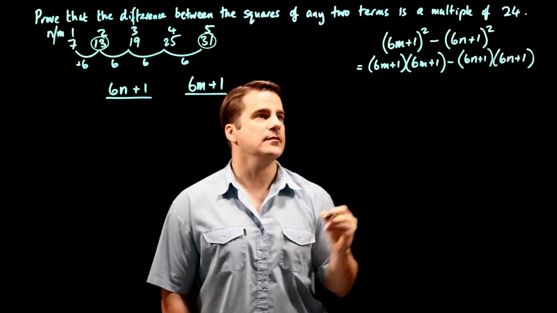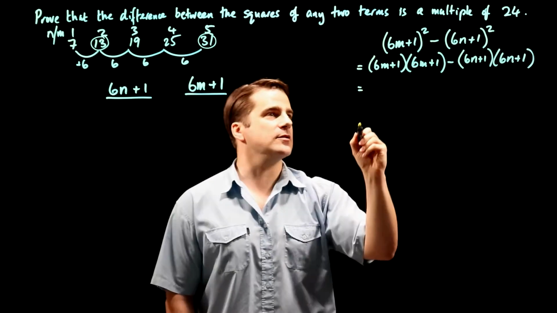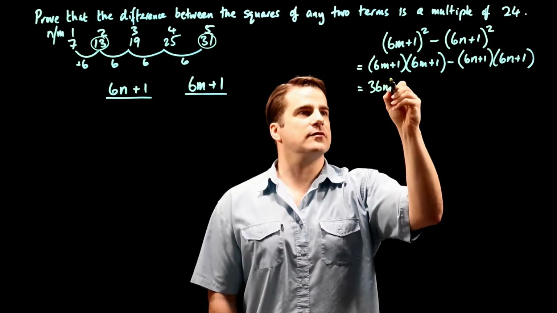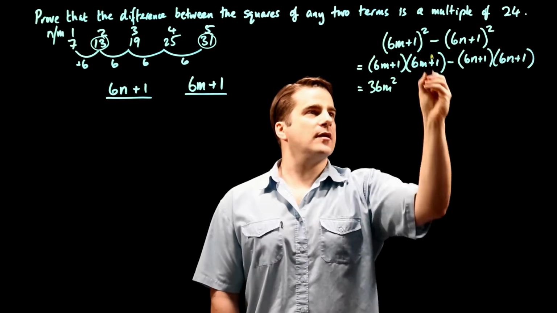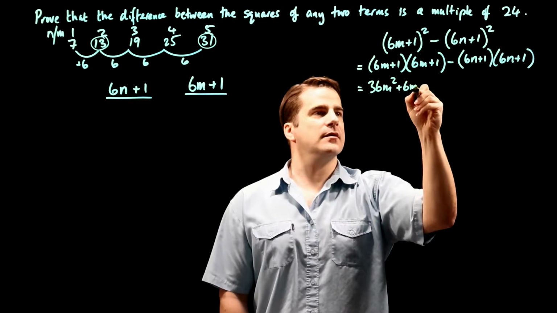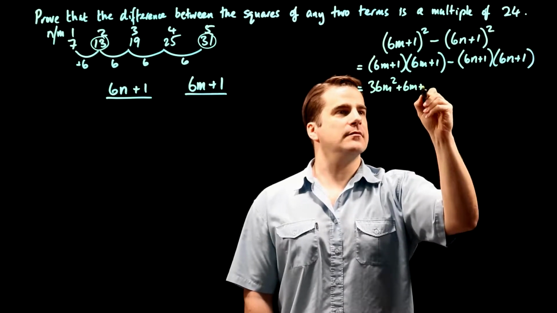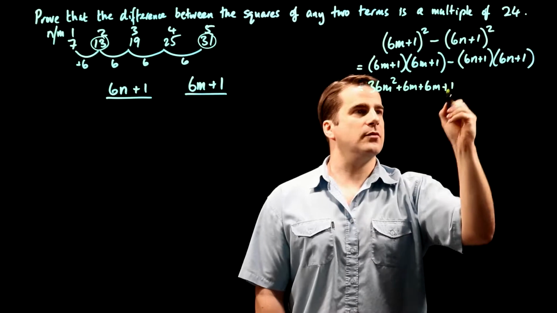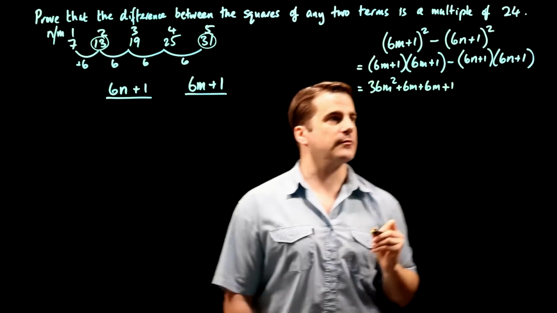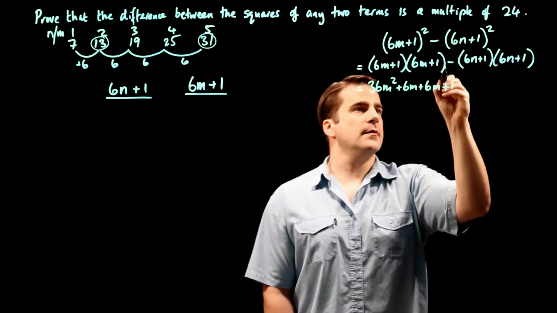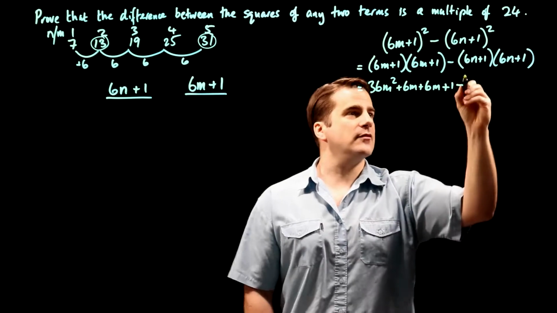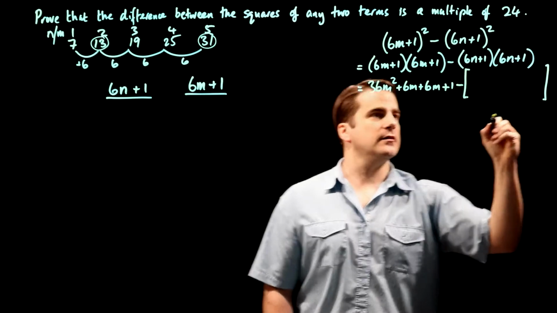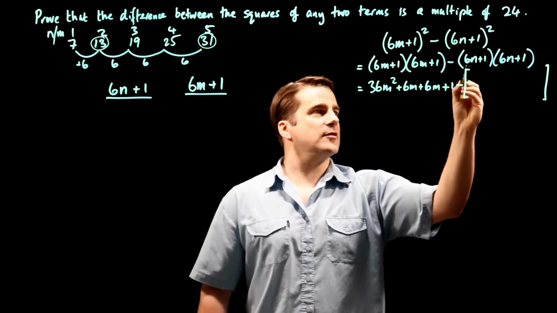Okay, right, that equals 6m times 6m is 36m squared. 6m times 1 is 6m. 1 times 6m is 6m. 1 times 1 is 1, plus 1. Okay? Minus, now I'm going to introduce big square brackets here because that minus is multiplying this whole lot.